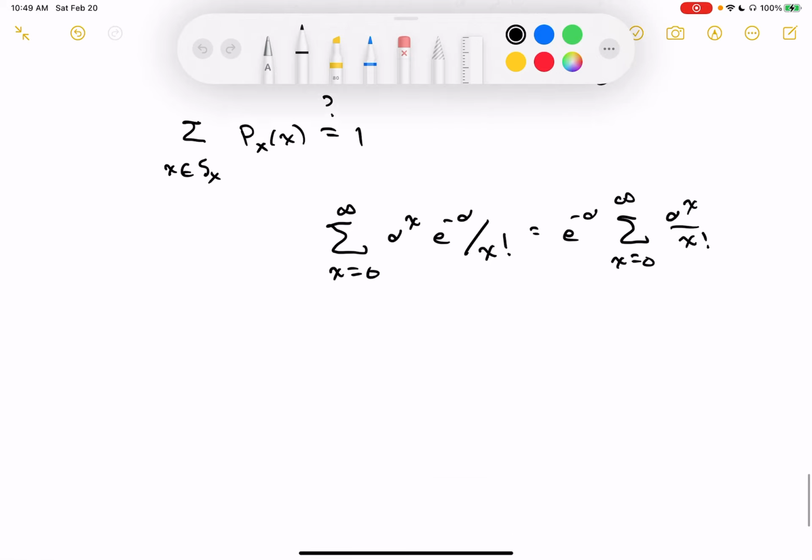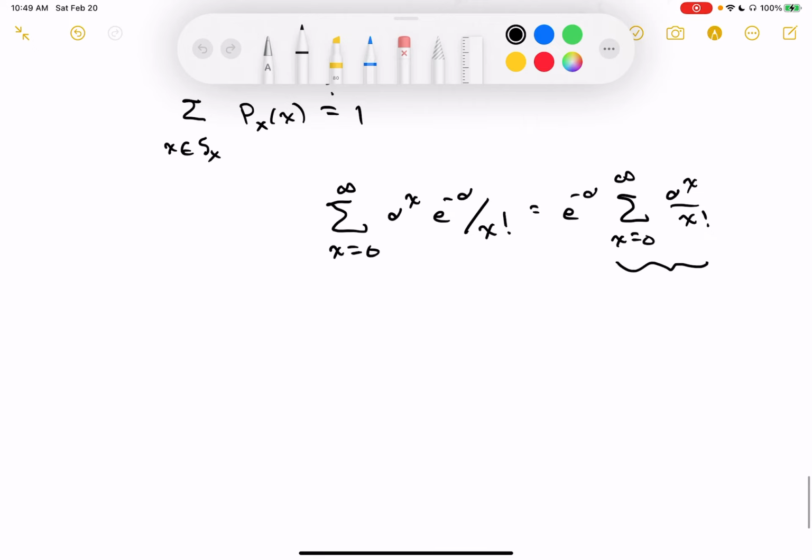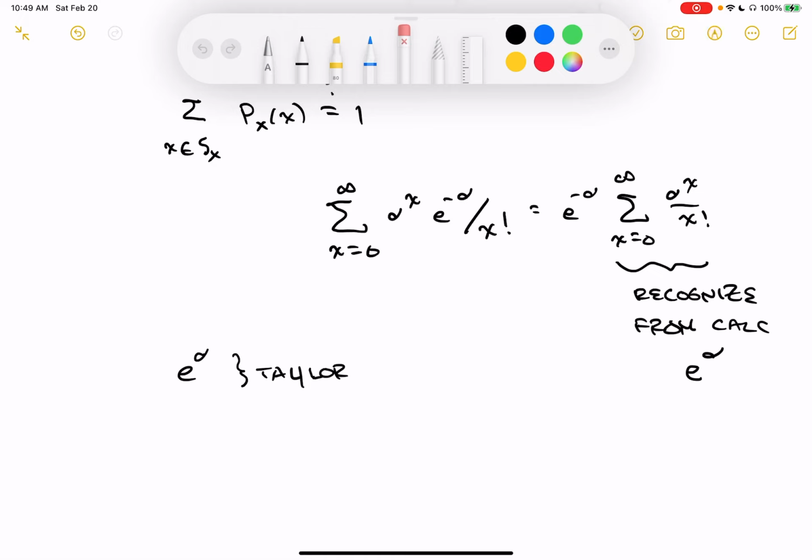Well, hopefully this is something that you recognize from calculus. I hope you recognize this guy from calc as being equal to e to the alpha. If you take e to the alpha and you do something like a Taylor series, or a Maclaurin, probably a Maclaurin is the better one.